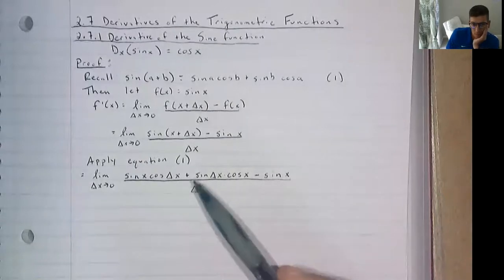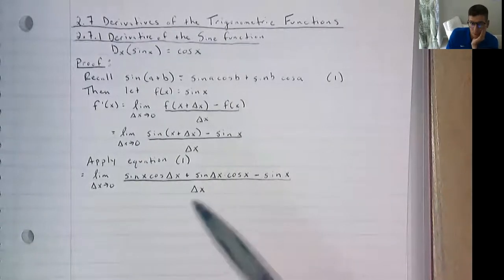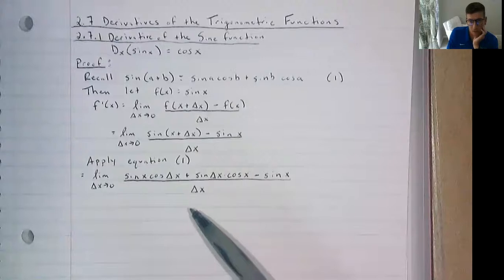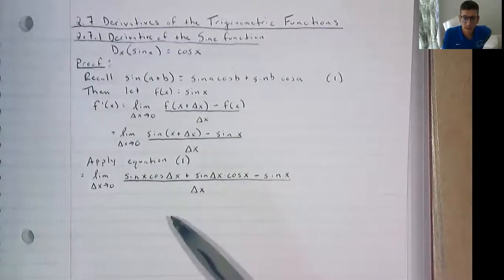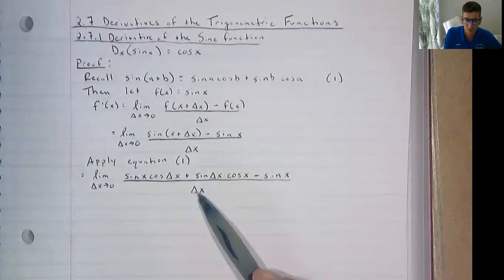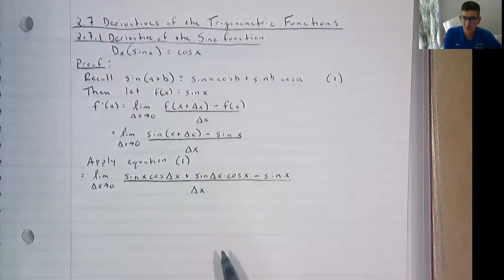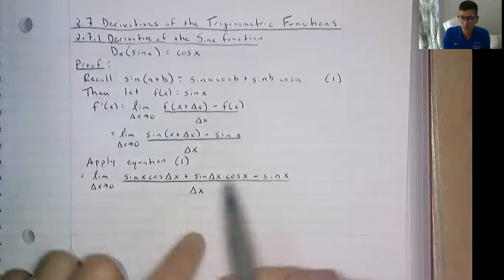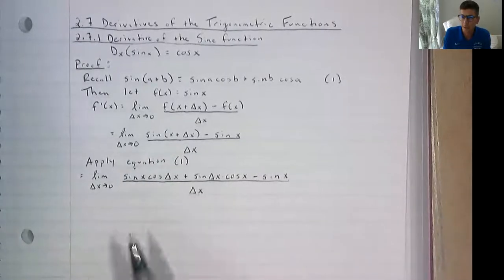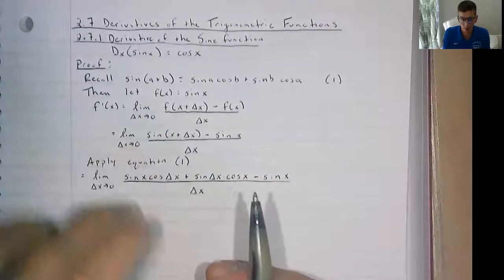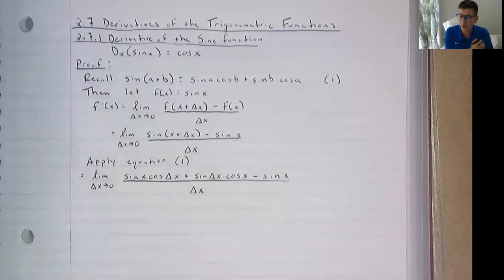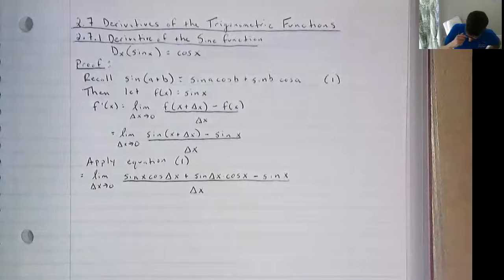Okay, so now we're moving in the right direction, but we need to do some finagling in order to be able to apply this limit, because we're still having some issues with this delta x in the denominator. And so I think where we're headed is we're going to end up with some trig identities, either the sine of something over that something, or maybe 1 minus cosine over that something, and then be able to apply some of these limits. And so we're going to rearrange a little bit.